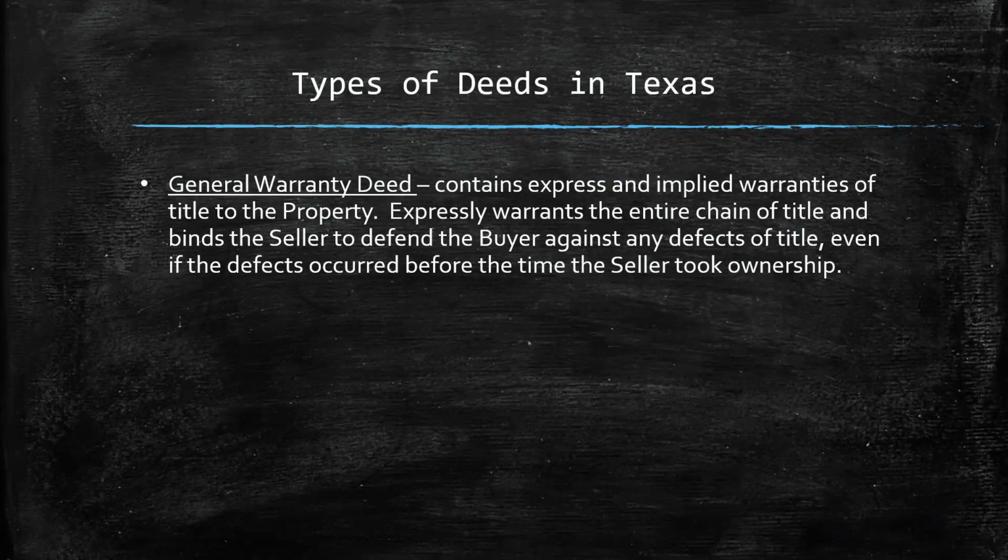And in giving a general warranty deed, the grantor, or in this case, the seller, is expressly warranting the entire chain of title. And it binds the seller to defend the buyer against any defect in title, even if that defect occurred before the time that the seller took ownership. The seller is guaranteeing the chain of title all the way back to the beginning of time.